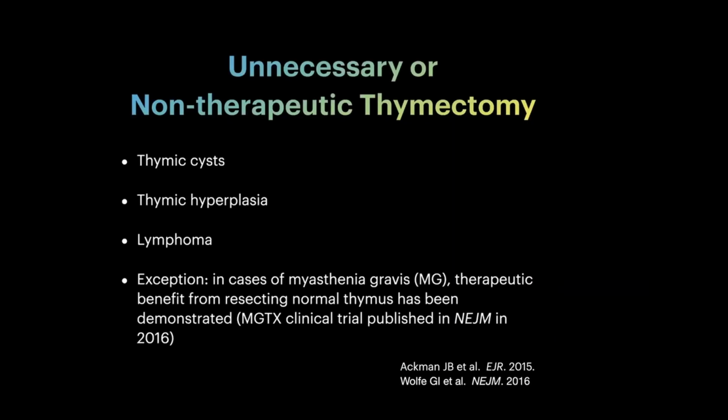I just want to emphasize, though, that research has shown that in some cases, even excision of normal or hyperplastic thymus can improve symptoms in myasthenia gravis, as per the New England Journal of Medicine article in 2016.